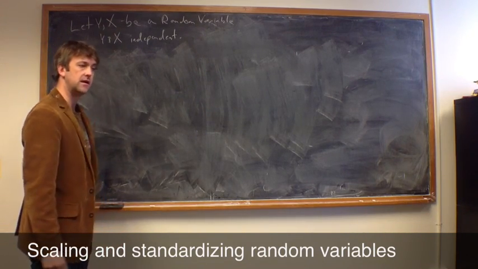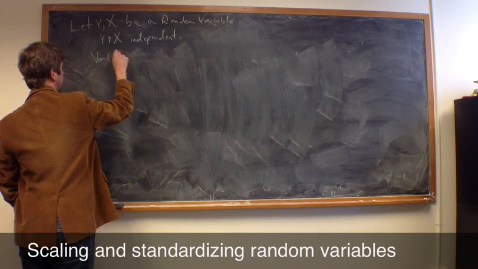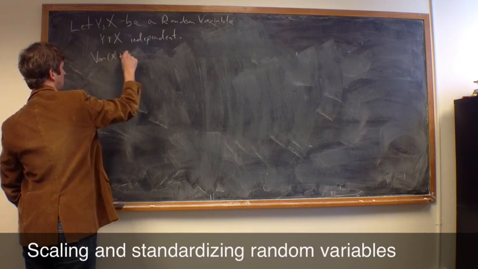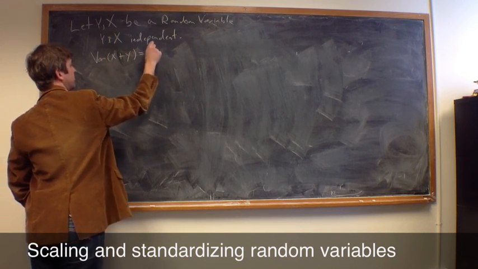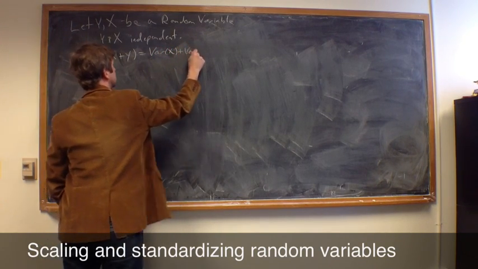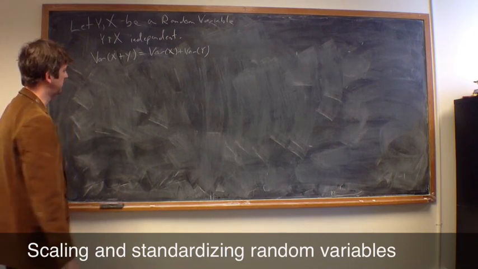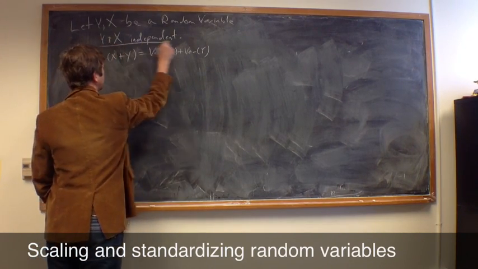Then, an important fact is that the variance of x plus y is equal to the variance of x plus the variance of y. Now that's a very simple statement, but it's only true if they're independent.